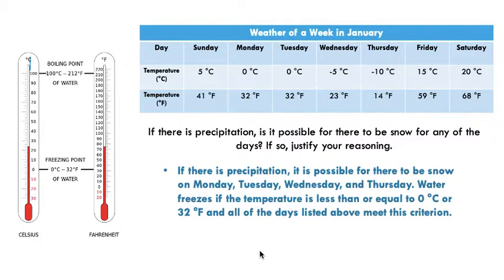So, if there is precipitation, it is possible for there to be snow on Monday, Tuesday, Wednesday, and Thursday. Water freezes if the temperature is less than or equal to 0 degrees Celsius or 32 degrees Fahrenheit, and all of the days listed above meet this criterion.